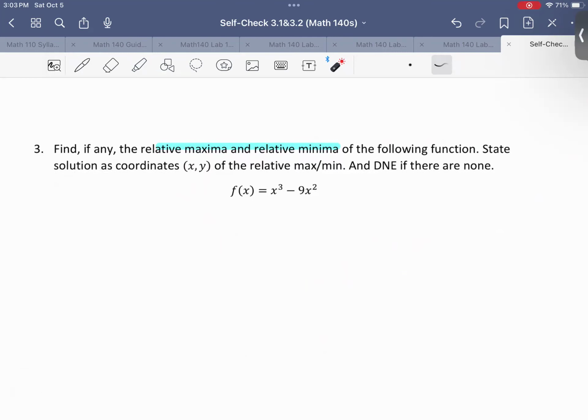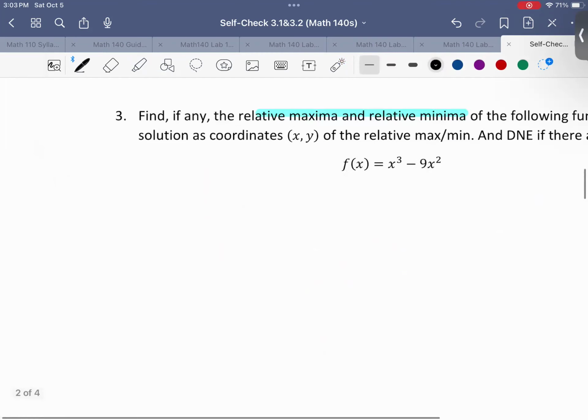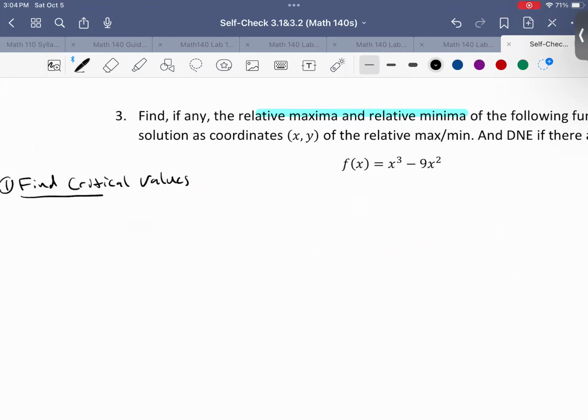But we're going to do the same exact process for this question. So same thing, step 1. What's step 1 again? Find critical values. All right, that's step 1. So I have f(x) equals x cubed minus 9x squared, and I need to find the first derivative of that.